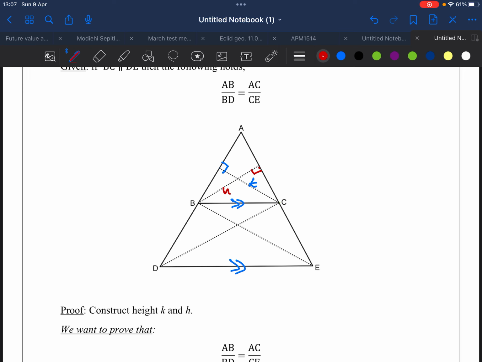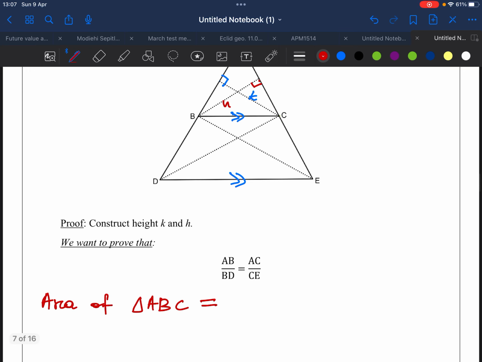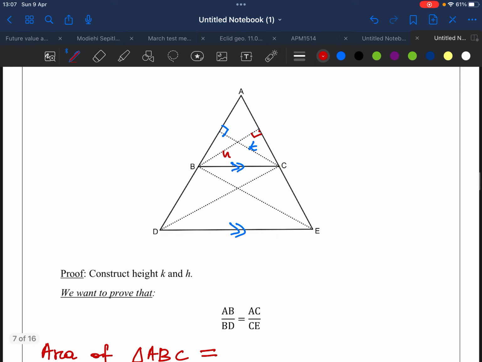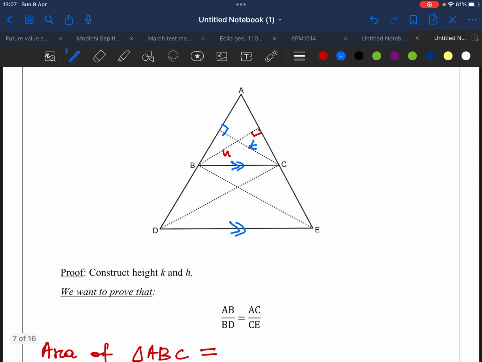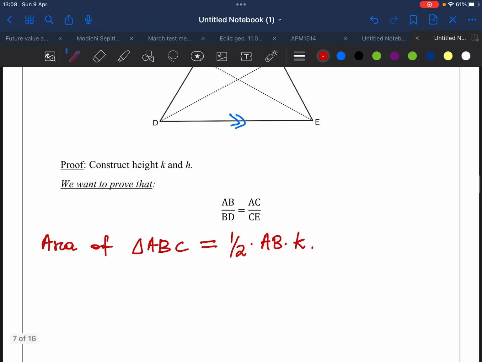The formula to find area is just half base times height. We see that our base is this one, and that's our height K there. So to find this area, we will just say half times base, which is AB, times K, which is our perpendicular height there.